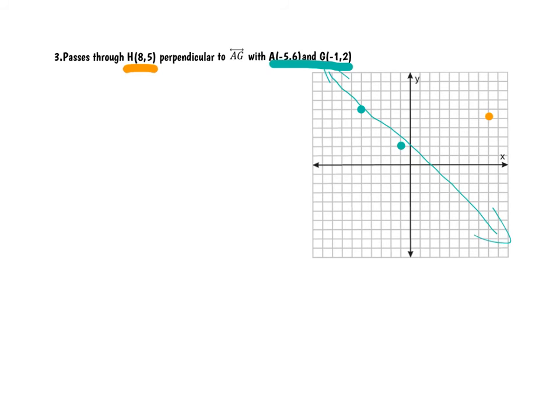All right, so if we take a look at our slopes here, the slope of AG, if we plug in our values, we're going to find our slope here has a value of -1. So to have a perpendicular line going through this, the slopes must have a product of -1. How do you get a -1 through multiplication? You multiply it by +1, which means that the slope of whatever line is going to pass through point H must have a slope of 1.